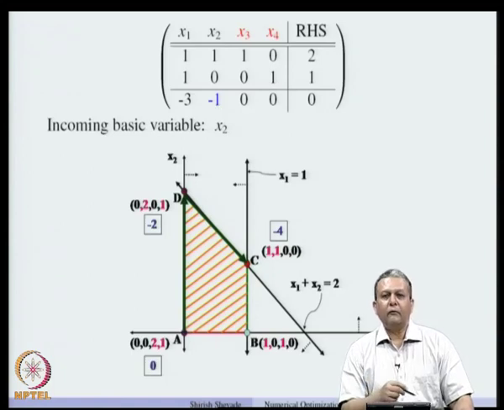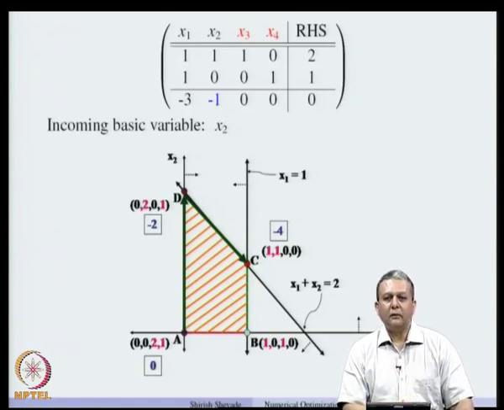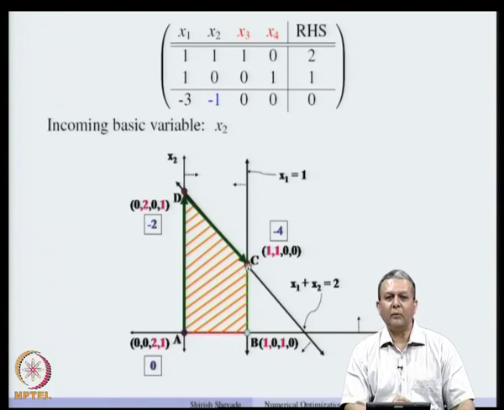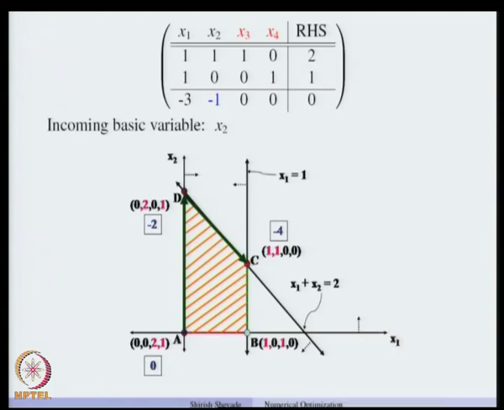If we follow the same steps, we will see that from A one would move to point D, and from D one would move to point C, and from C one cannot go to any point because C is the optimum point in this case. So there are different ways to reach the solution by following different paths.